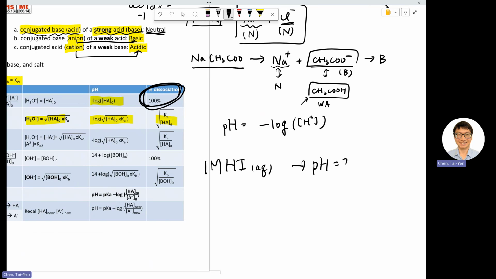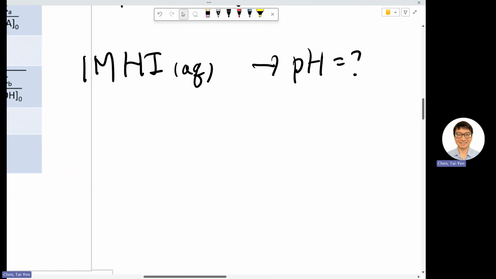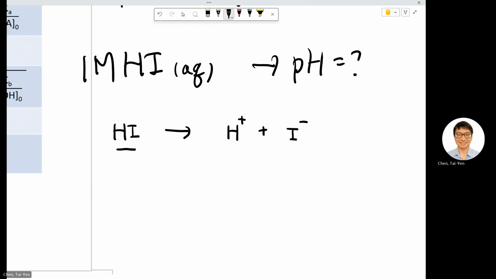Can you calculate the pH? This is a very standard question you can see. So how do you handle this? First, you need to know HI is a strong acid, right? And then you should know that when we say it's a strong acid, it means it's going to dissociate 100%. Since it's an acid, you know it's going to generate protons, and therefore you know that's the equation that you need to use.